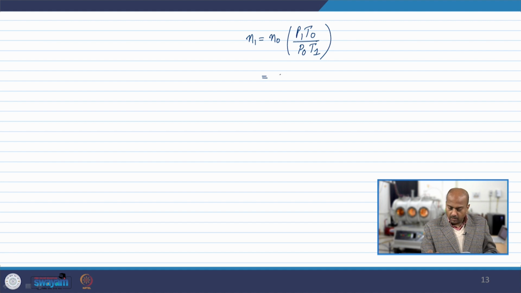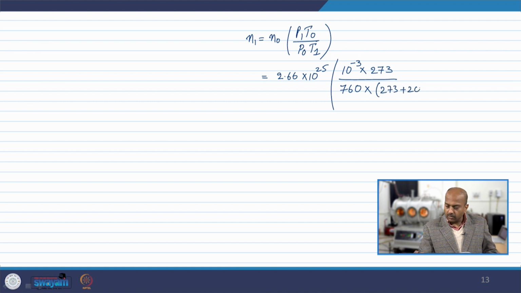Which will be 2.66 times 10 to the power of 25 multiplied by 10 to the power of minus 3 in torr, times 273 at 0 degrees Celsius, divided by 760 in torr times 273 plus 20 at 20 degrees Celsius.